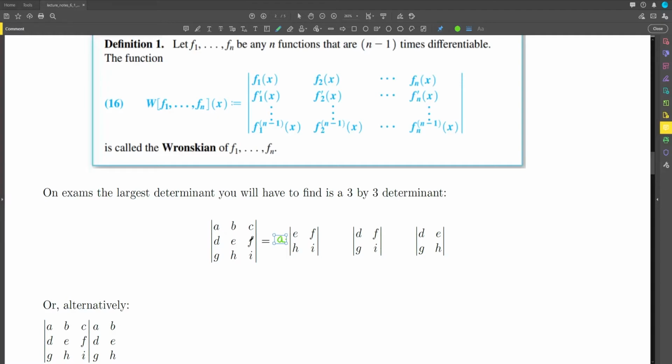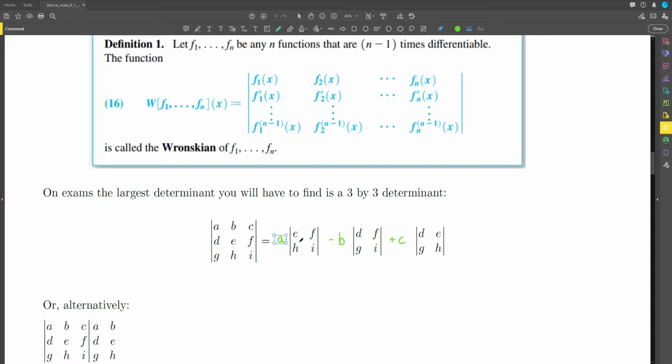And then for B, the cofactor is minus B times the determinant DF GI. And then for C, the cofactor is plus C times the minor determinant DE GH that we see over here.